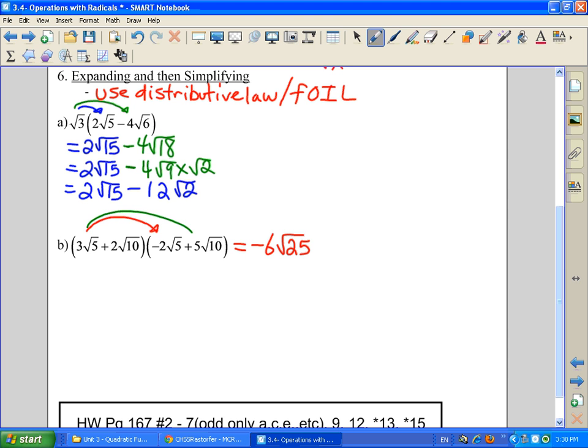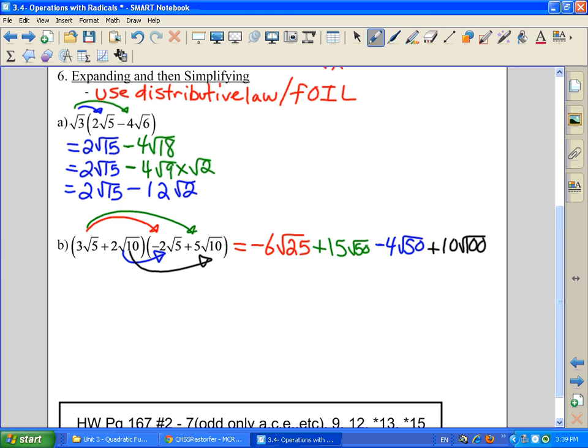Our outside is going to be plus 15 root 50. Okay. Taking a look at our inside, ladies and gentlemen, it's going to be negative 4 root 50. And taking a look at our last, we're going to have 10 plus 10 root 100.